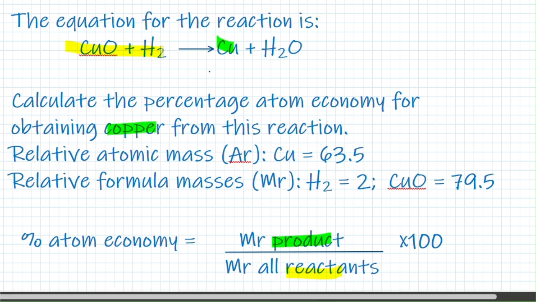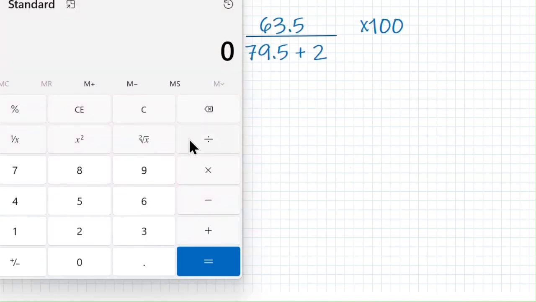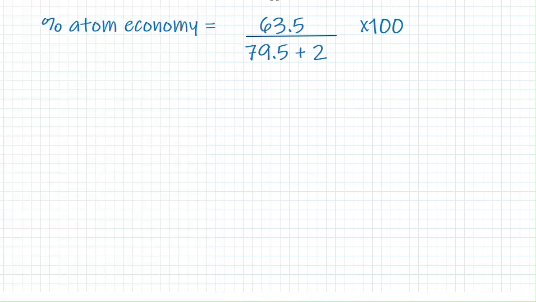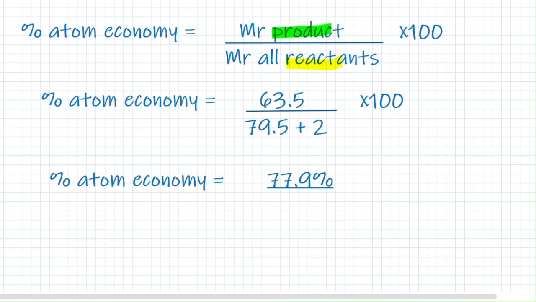So subbing in the numbers, we have 63.5 divided by 79.5 plus 2. So we put that into our calculator, we end up with 63.5 divided by 81.5 times 100 for the percent, and to 3 sig figs that gives us 77.9% for the atom economy.